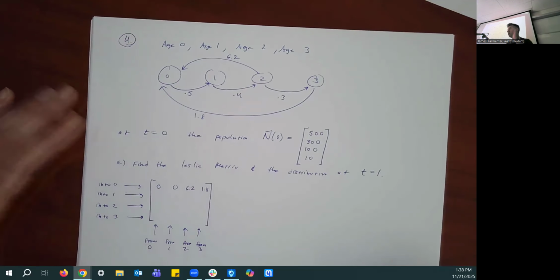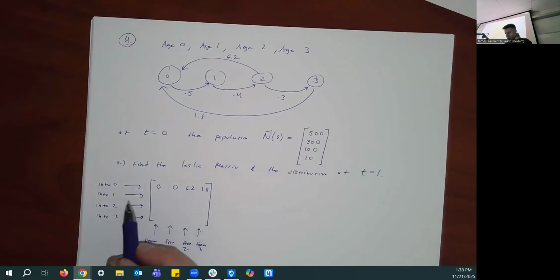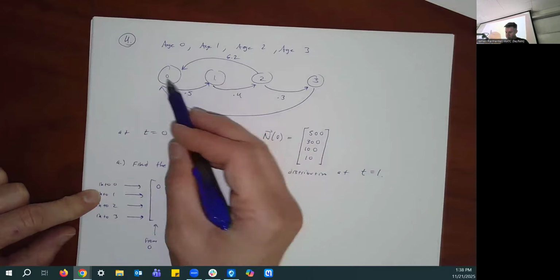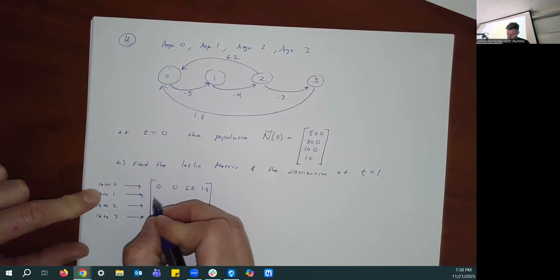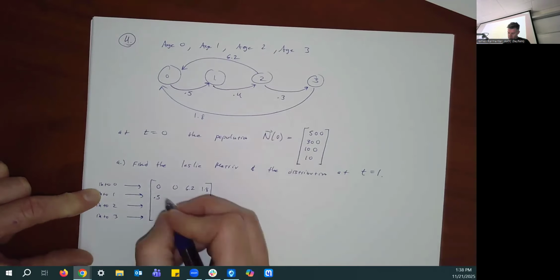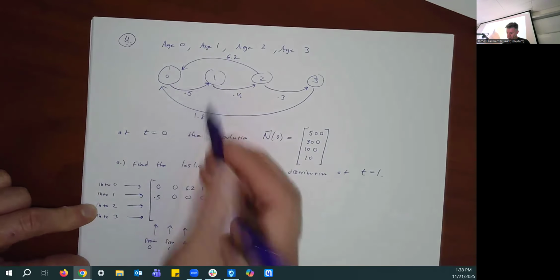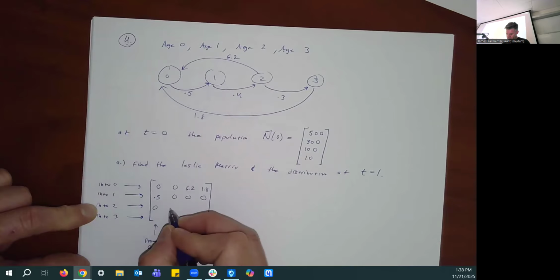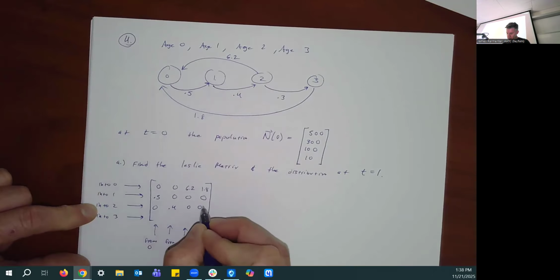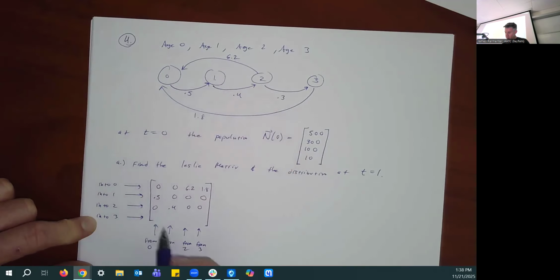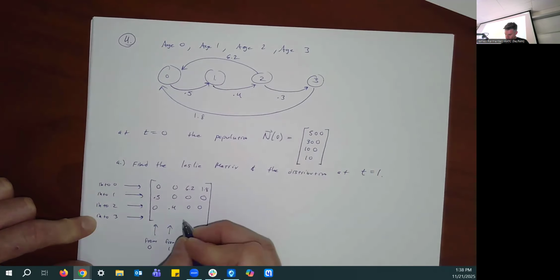Seems reasonable. So then for my second row, what's going into 1? Well, 0.5 times the 0-year-olds is going into 1 and nothing else. Into 2, we have 0.4 times the 1-year-old, so 0, 0.4, 0, 0. And then finally into 3, we have coming from 2, so 0.3.